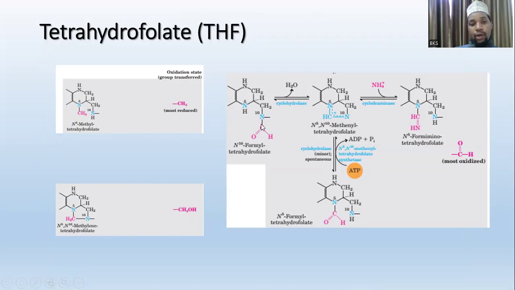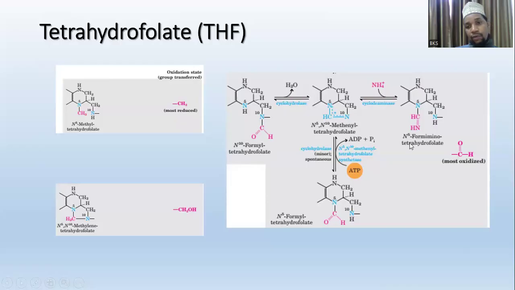So in that, you also have a formyl group, more or less like a carbonyl carbon, like an aldehyde carbon, called a formyl. It's also attached to N10, so it forms N10-formyl tetrahydrofolate. So in any reaction where this transfer of carbon in this oxidized form is involved, then N10-formyl tetrahydrofolate is involved.